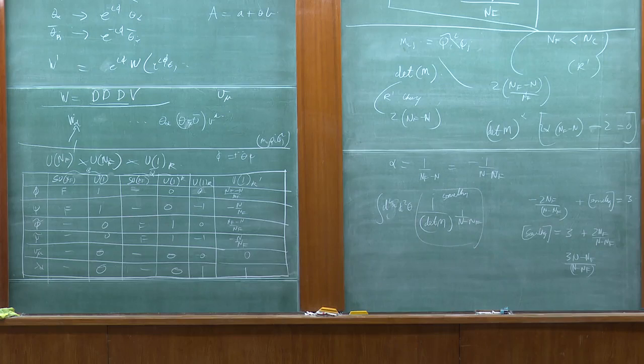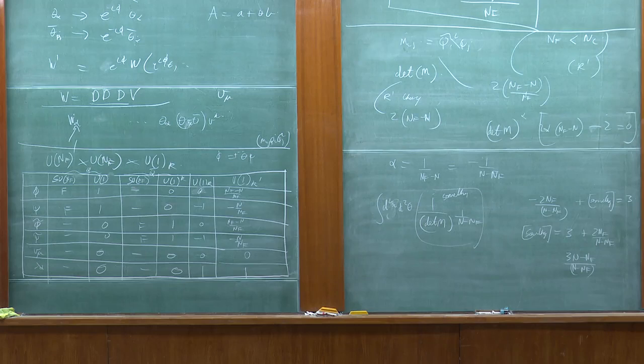But it's non-zero, and therefore this theory we expect. Remember last class I told you about the general expectations. If NF is small compared to NC, we expect confinement. NF somewhere intermediate, maybe we expect conformal behavior. NF very large, we have non-asymptotically free and free gluons. Remember, we're working in the case NF less than NC.